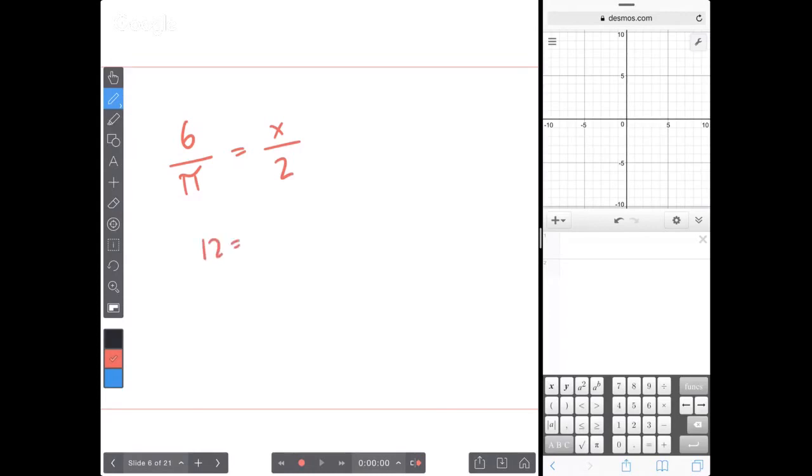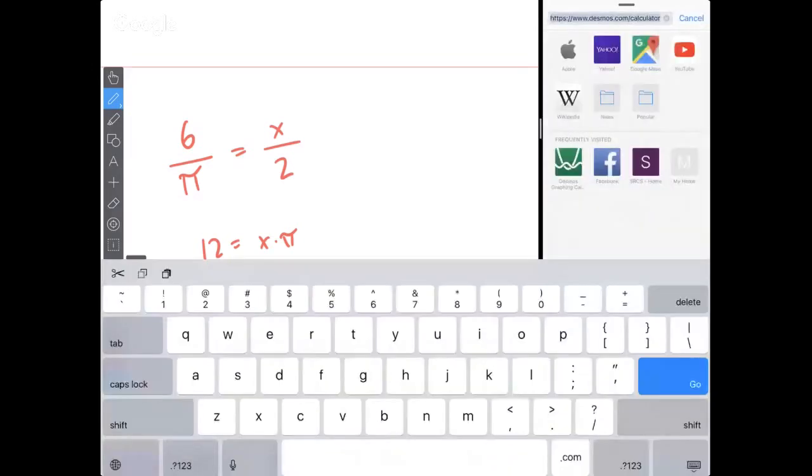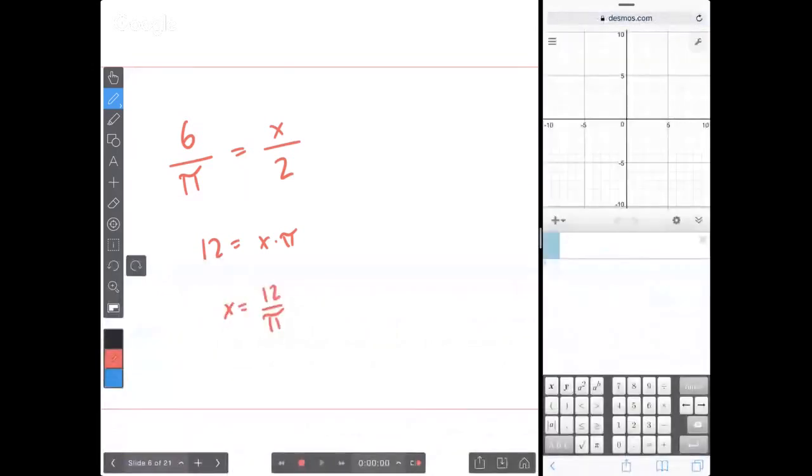So 12 equals x times pi, and x is going to be 12 over pi. 12 divided by pi, 3.8 spaces. So x is approximately 3.8 spaces.